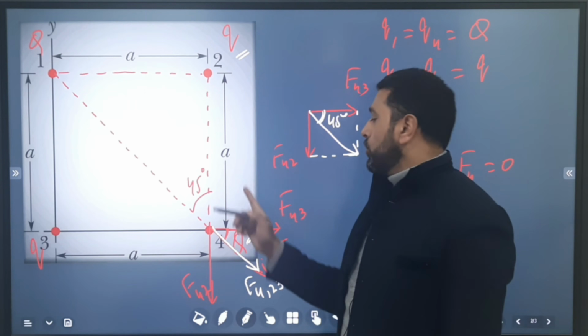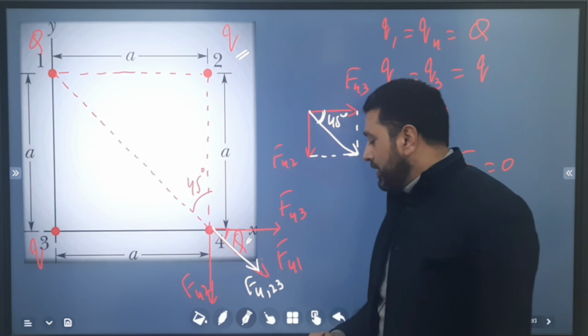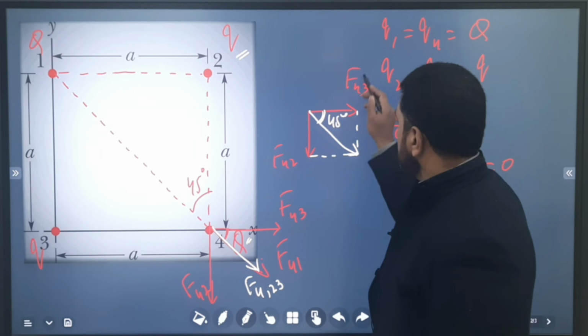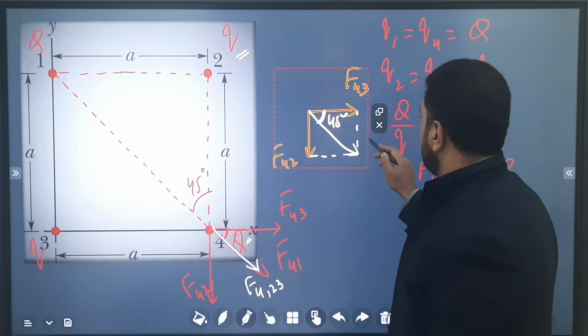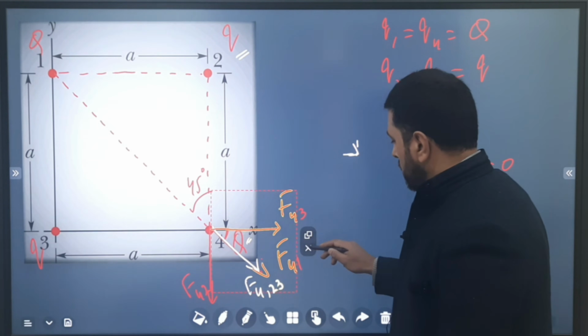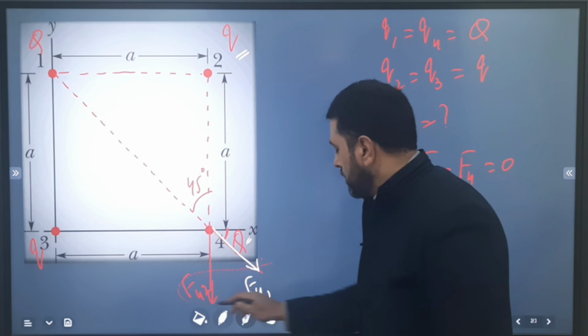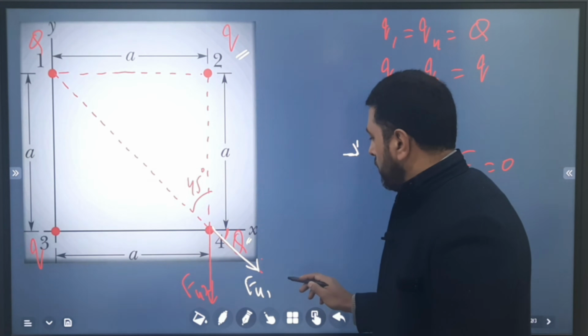But if small q is unlike capital Q, what will happen in that case? Let me erase this stuff first.